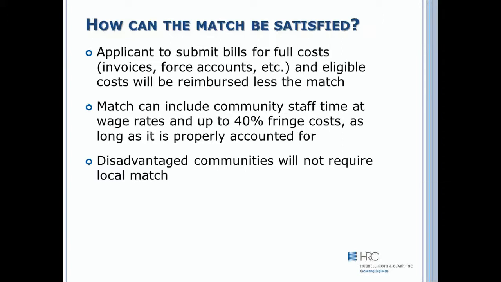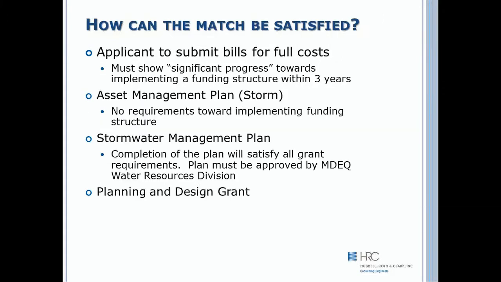Again, disadvantaged communities will not require a local match. They're the only one, but everyone else has to meet the match. So it can be done either through a direct expenditure or through a community staff time match or equipment match for that matter.